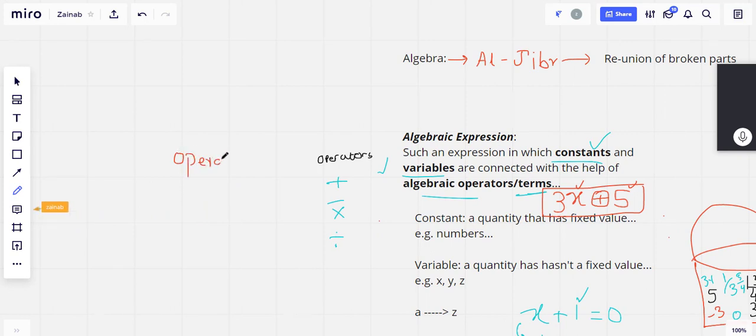Let's just quickly talk about this briefly. So operations and operators. There is an operation called addition, and for addition we use the plus operator. So plus sign is just an operating sign. The operation is called addition, and similarly like that, this is subtraction.